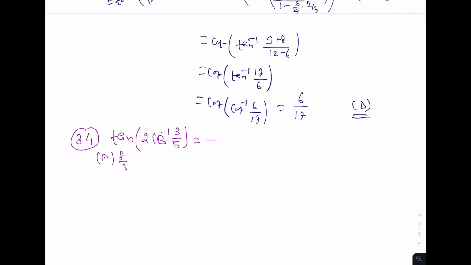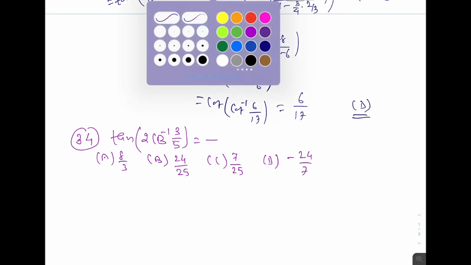Options are 8 by 3, 24 by 25, 7 by 25, and minus 24 by 7.